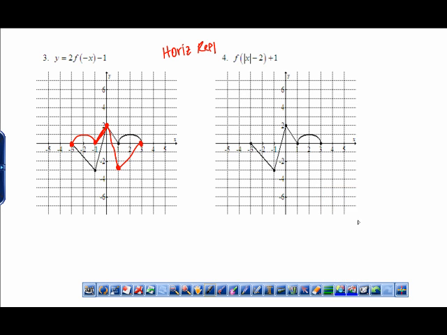All right, now let's look at the 2. The 2 is being multiplied to f of something. So this is going to be a vertical stretch. And I know it's a stretch because it's a number larger than 1. I chose to do this 2 now because, again, I'm working from the inside out. So I want to vertically stretch it.